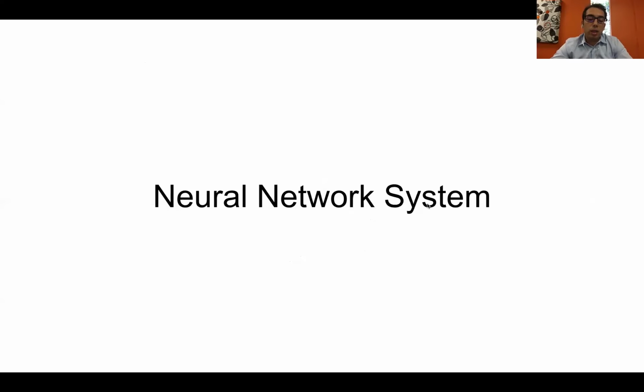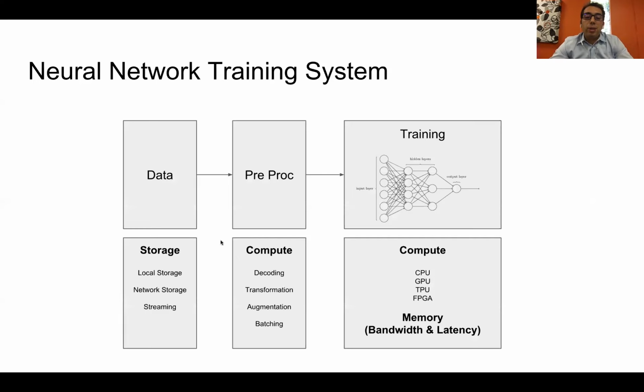So that is very high level about neural networks, but in reality, when we are going to use neural networks for real life applications, we are dealing with neural network systems. And what is a neural network system? It consists of not only the algorithm and the data, but also you have to think about the storage, the compute, and the training resources required.